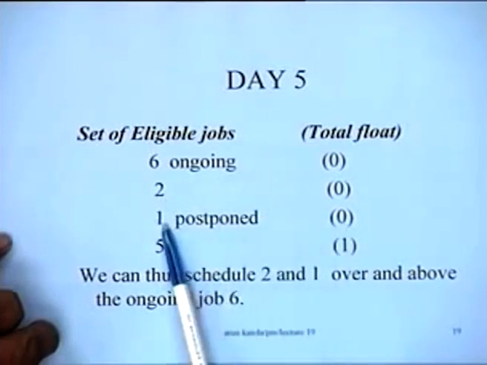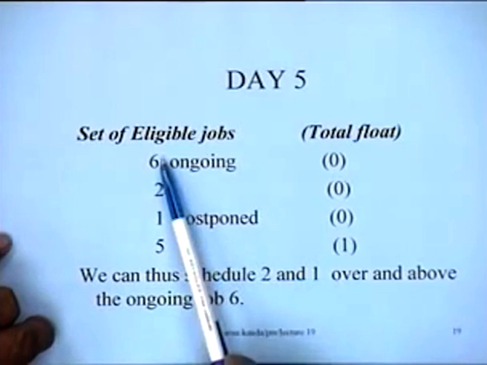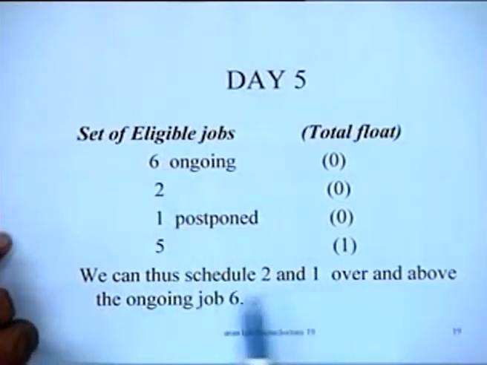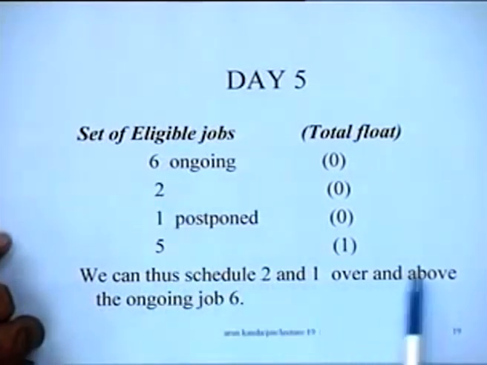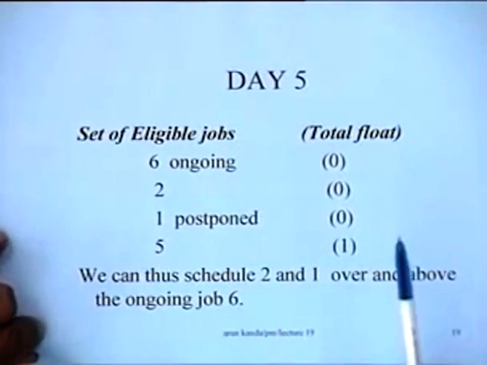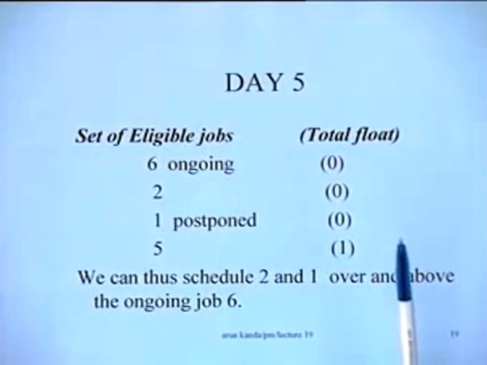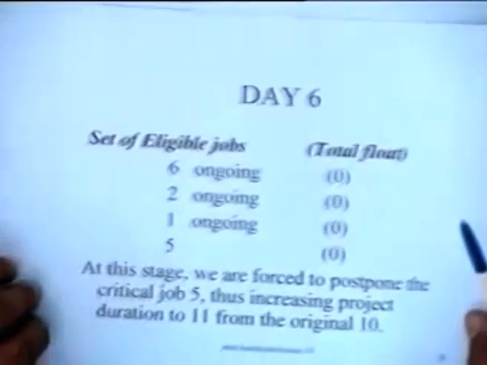This is also a critical job. So 6 plus 2, 8, plus 1, 9. We will try to schedule all these 3 jobs. So thus we can schedule 2 and 1 over and above the ongoing job 6 on day 5. That is what we will try to do. And on day 6, what is going to happen?